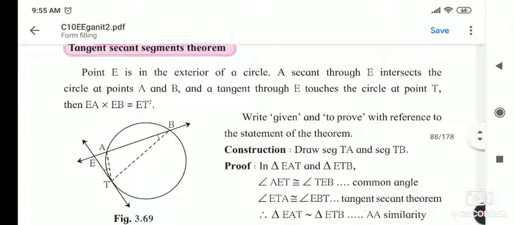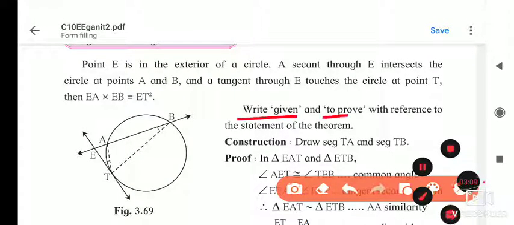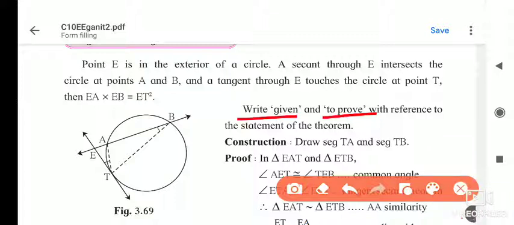Now you have to write the given and the to-prove with reference to the statement of the theorem. So what will be the given? Just note down whatever I am telling you.